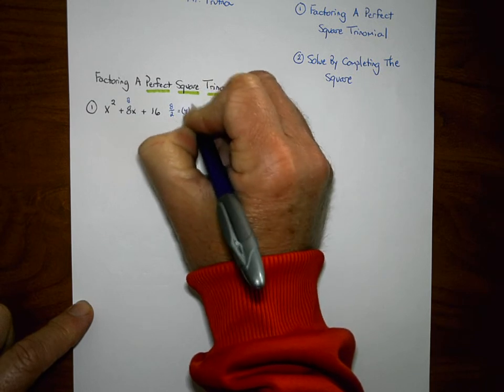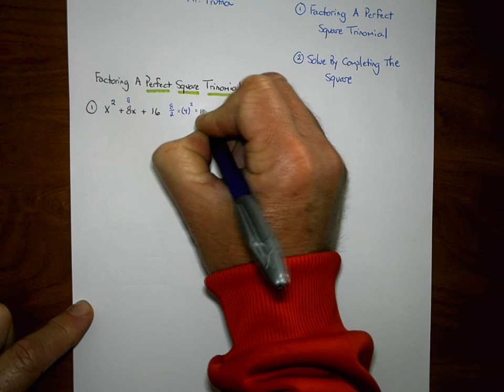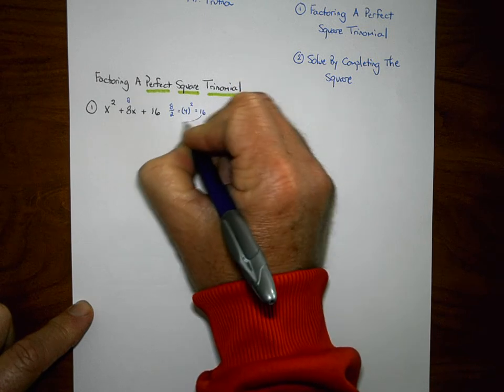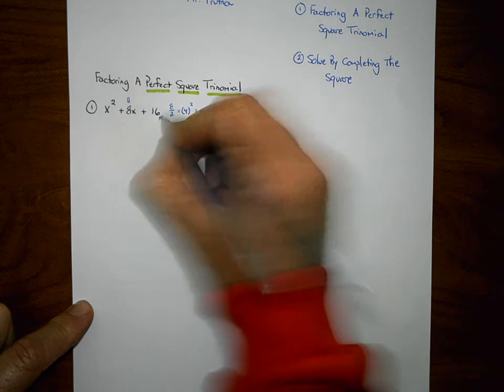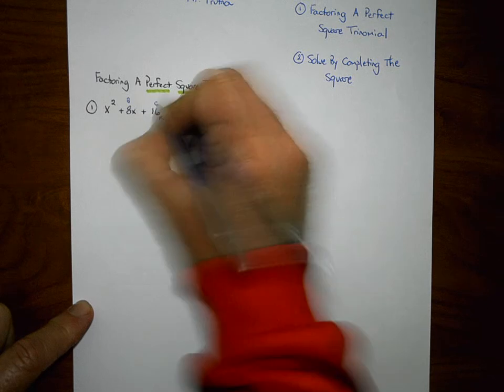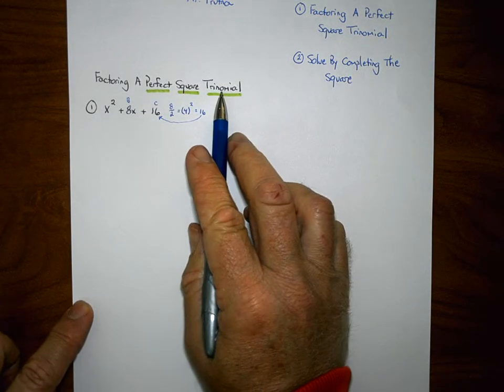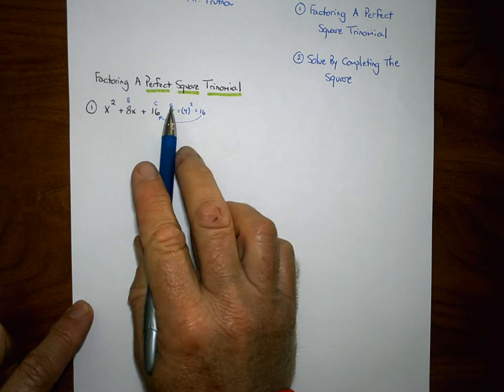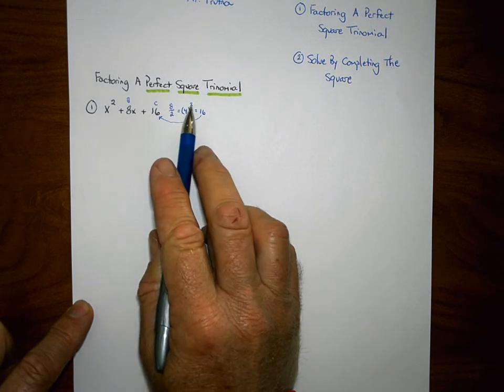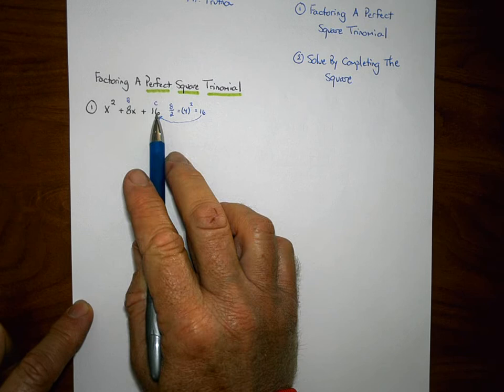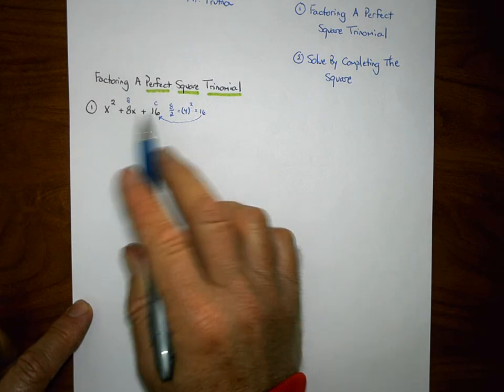And if we took 4 and raised it to the second power, we get 16, which you notice is the c value there. So a perfect square trinomial, one, has to be a trinomial, and secondly, if the b value divided by 2 and then raised to the second power is equal to the c value, that is a perfect square trinomial.